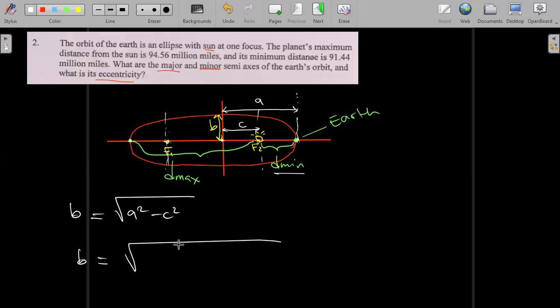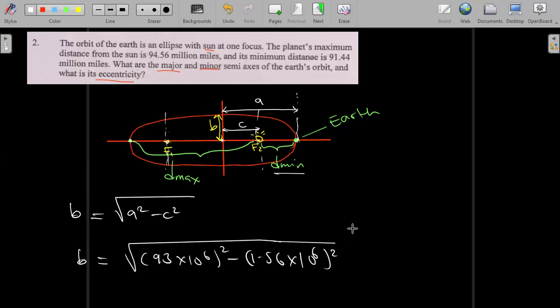Our A was found to be 93 times 10 to the power 6, then minus, we just found our C to be 1.56 multiplied by 10 to the power 6. Of course, I should not forget to square this.